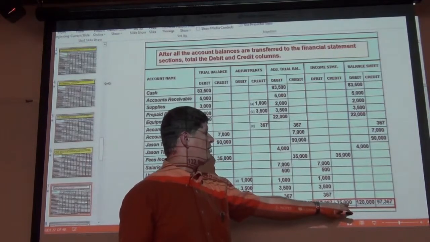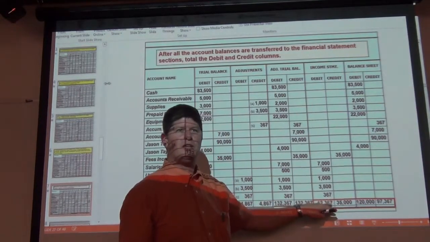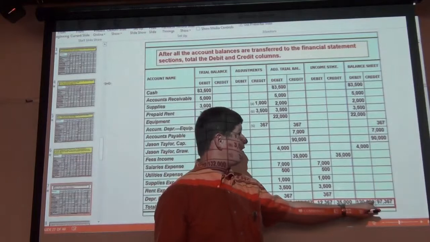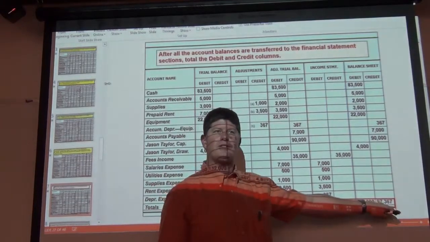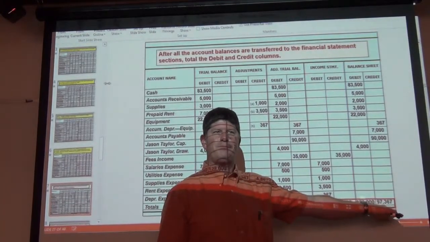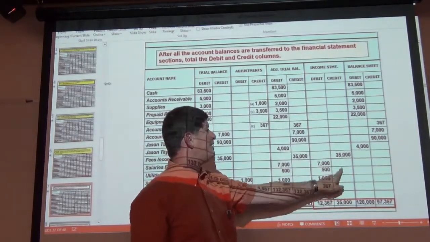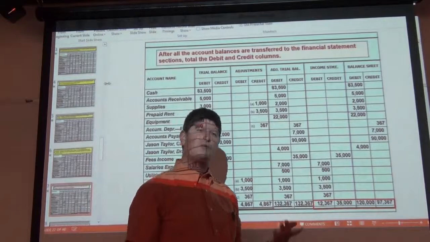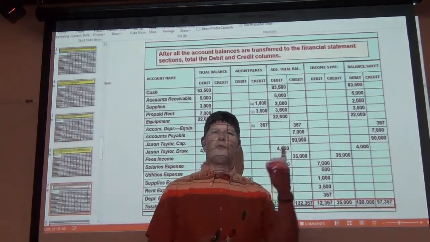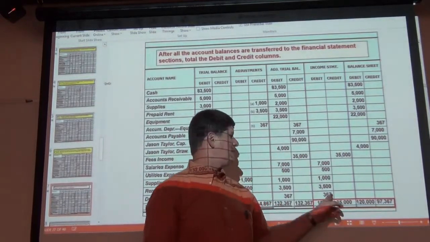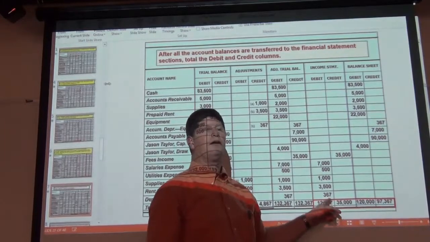The difference between your debits and your credits in your income statement will be the same as the difference between your debits and your credits in your balance sheet. Here's why. Look at what we've got in the income statement. Revenue and expenses. What's the definition of net income? Revenue minus expenses. Net income gets closed to where?